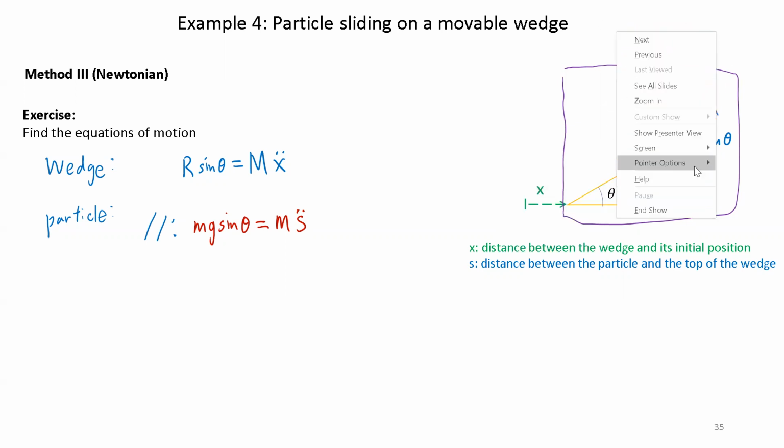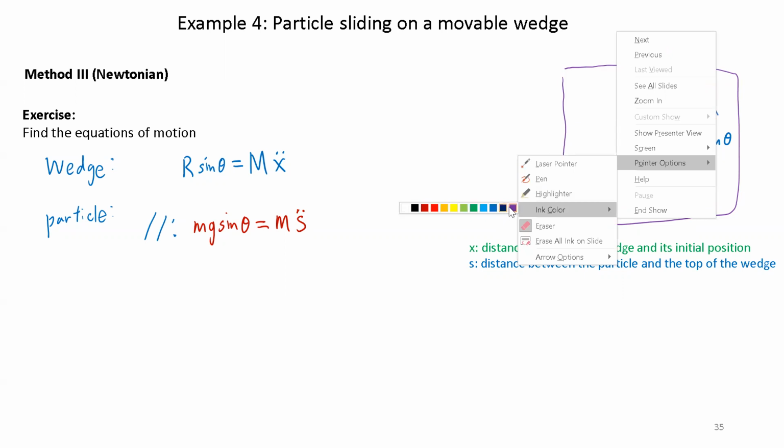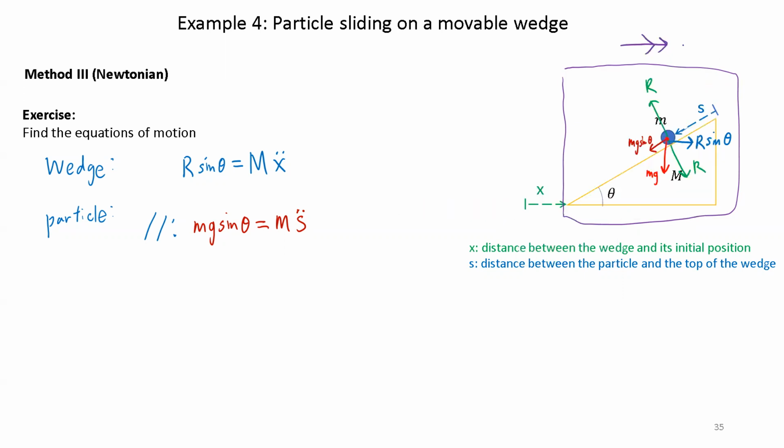So let me write it again. This one, x double dot, pointing to the right, I can also break down into two directions. One is this, and the other is this. I intentionally break it down into these two components. Again, this one is parallel to this surface, and this one is perpendicular.